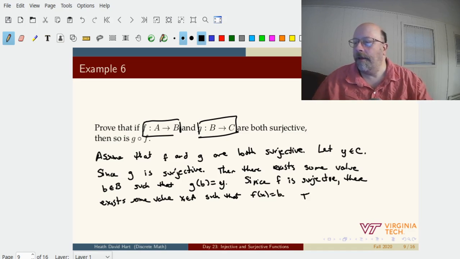Well, then g composed with f of x is equal to g of b, which is the same thing as y. And so we have found an x that leads to the y.